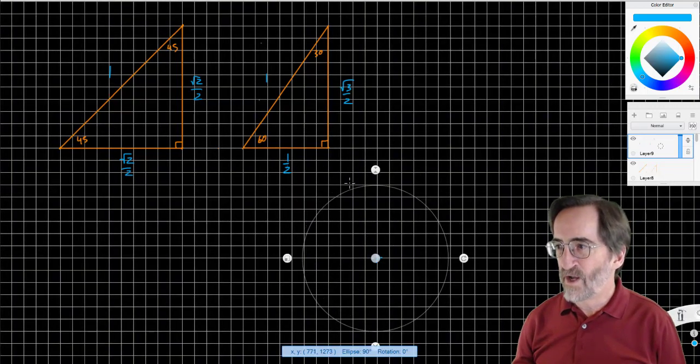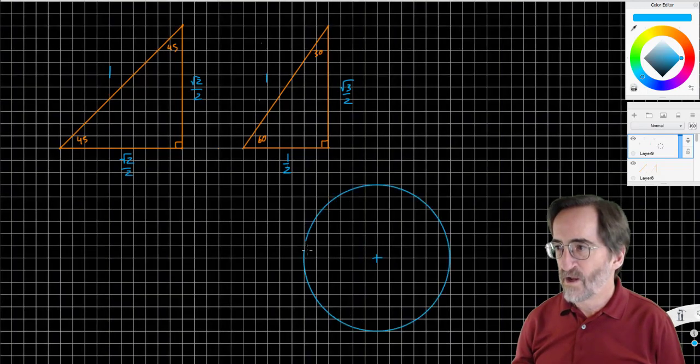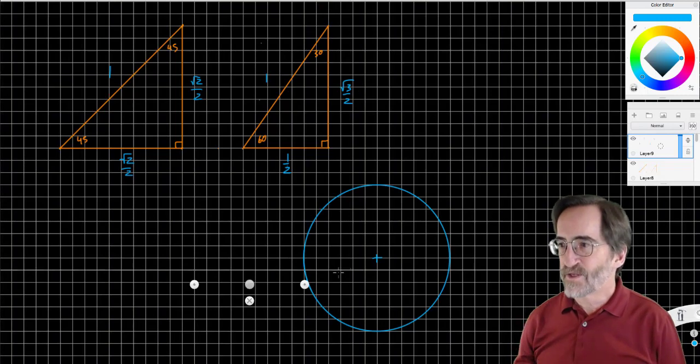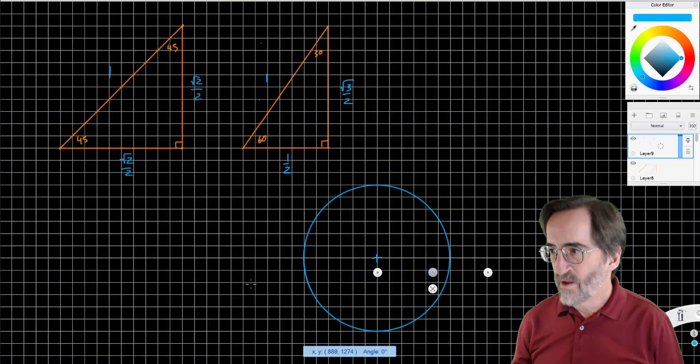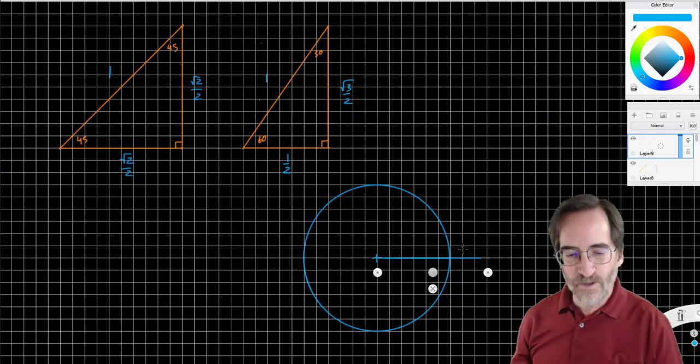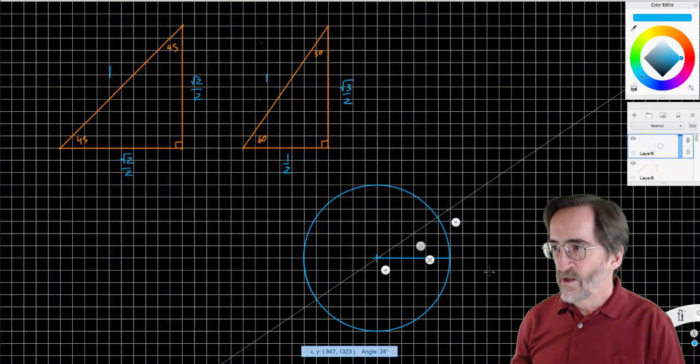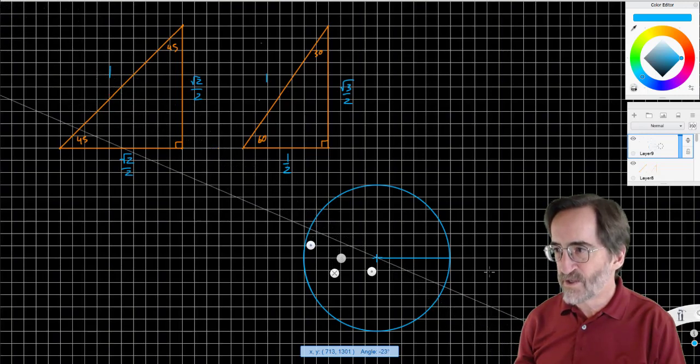We want to find a trig function on the unit circle, and let's use the angle 5π over 6.